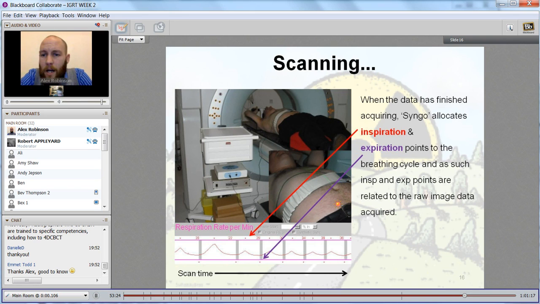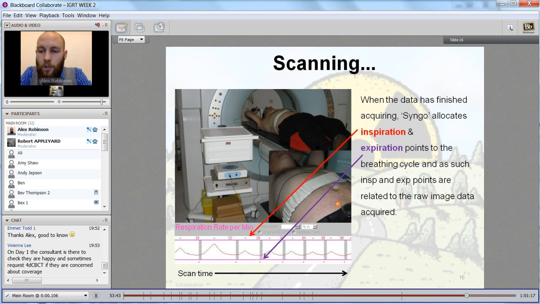Yeah, I think Andy makes a good point here. So when we're looking at 4D, we obviously have to try and predict which one we're expecting to see the most motion on. If I've got an apical tumour, realistically, my diaphragm isn't going to influence that tumour much. So I certainly wouldn't consider doing a 4D CBCT scan on a tumour that's located quite high up.